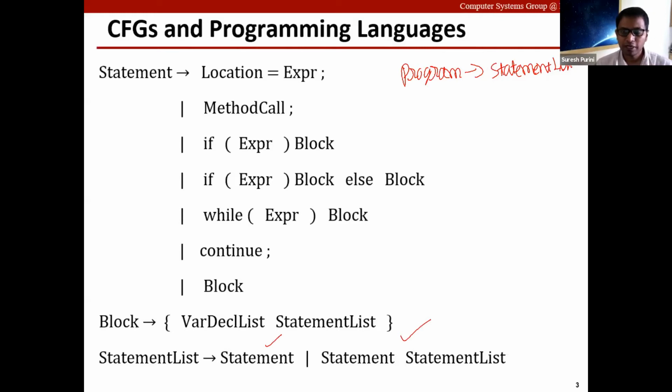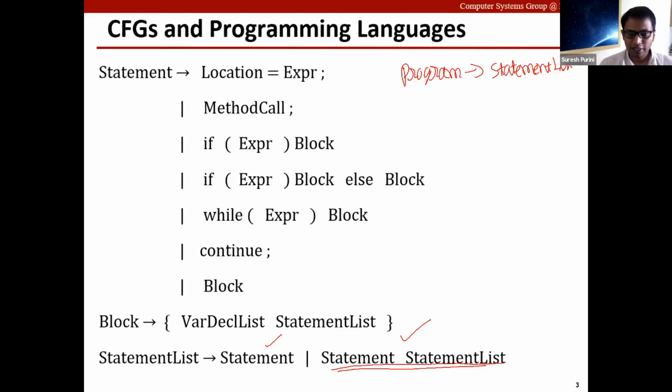An important observation here is we are defining statement list in terms of statement list in the second production, or substitution rule. So there is a recursive definition happening here with respect to the statement list non-terminal symbol.